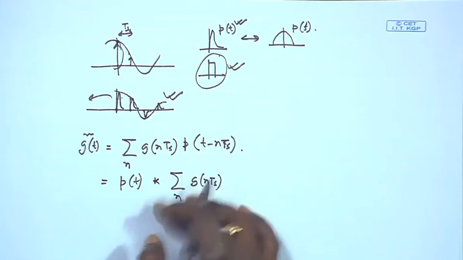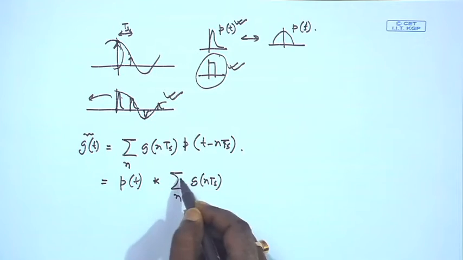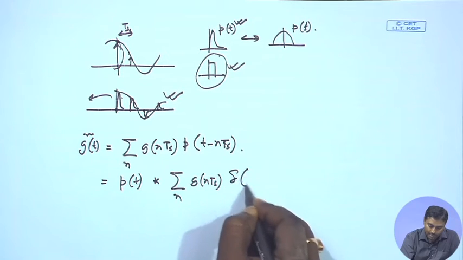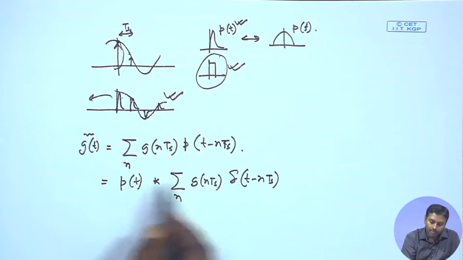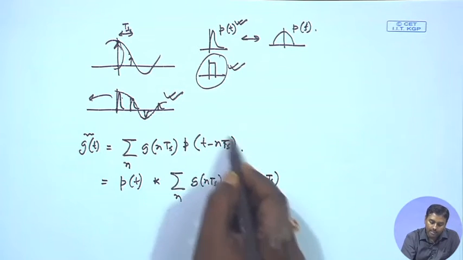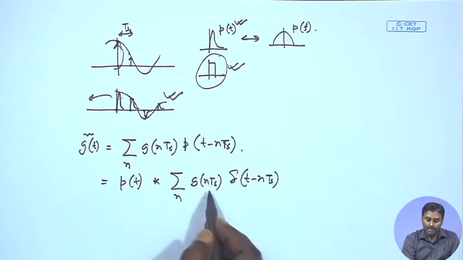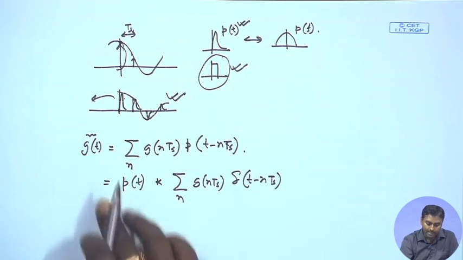Therefore, this is just a constant, and the summation and the convolution can be exchanged. So, whether I write it inside the convolution or outside the convolution, it is all the same. So, basically delta(t minus nTs). Wherever the delta position is, p will be convolved with that and create a pulse at that position. Correspondingly, the g(nTs) will be multiplied and I get the same thing. So, I can have a representation like this.